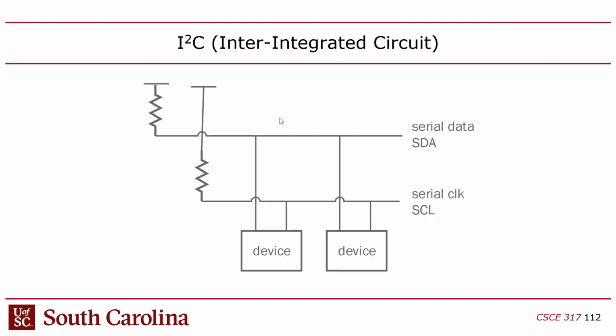Okay, so the open drain style is the style of circuit used by this new bus I'm going to talk about, called I2C, which stands for inter-integrated circuit. The reason open drain is so important for I2C is that I2C only has 2 wires. It is synchronous, so it has a clock, which is typically called SCL.